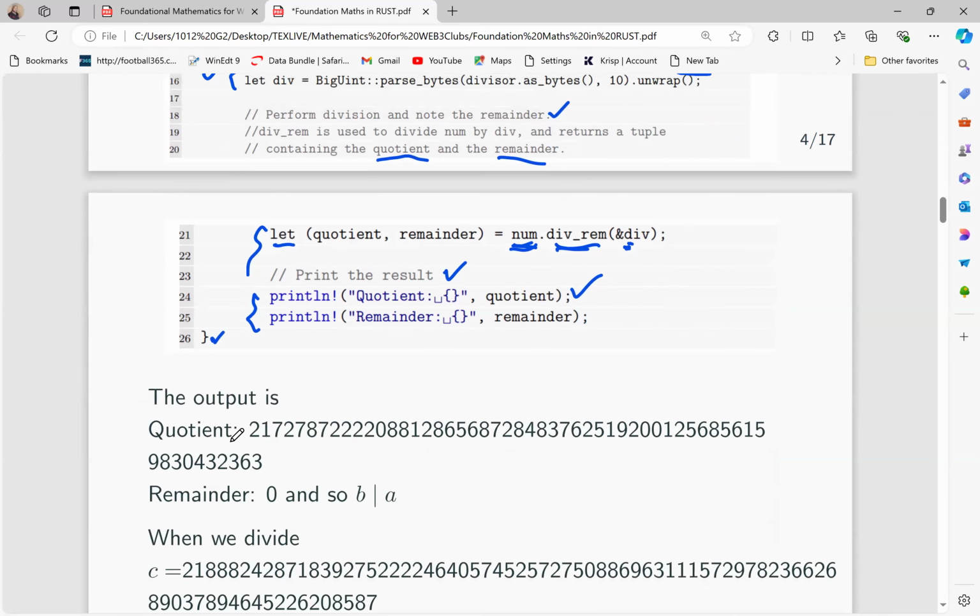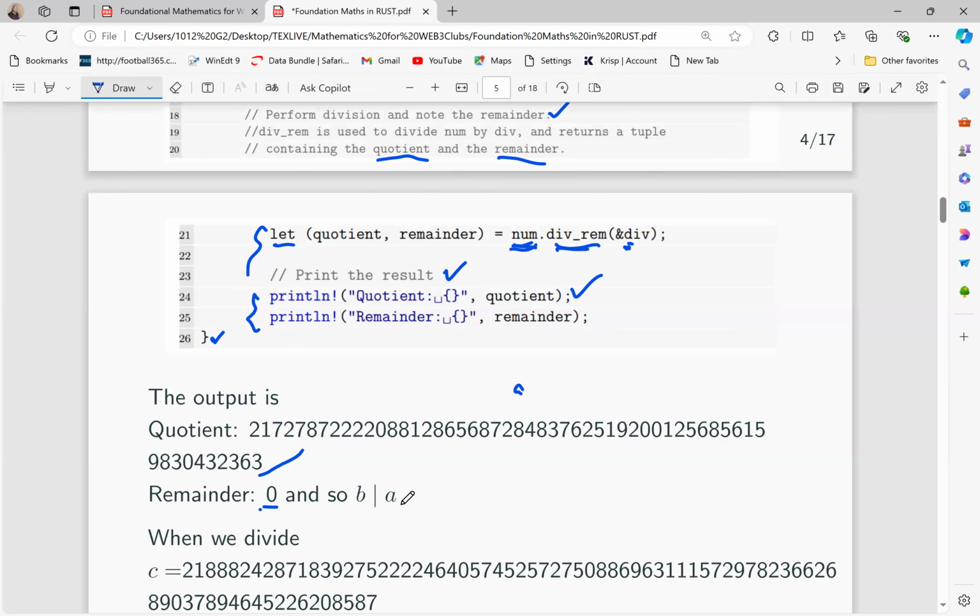The output will be that the quotient is this number, also a very huge number. This is the quotient, and the remainder will be 0 for this case. So if our first number was A and the second number is B, then we say that B divides A.